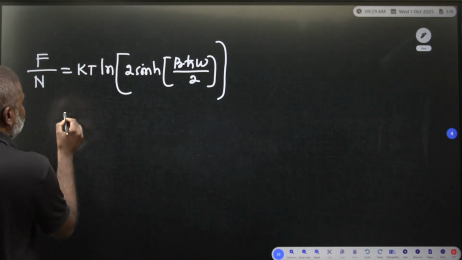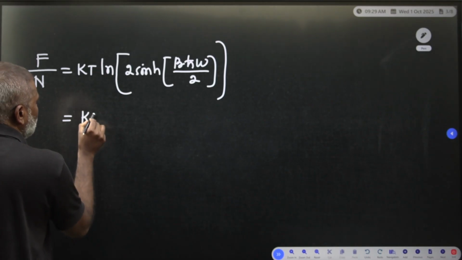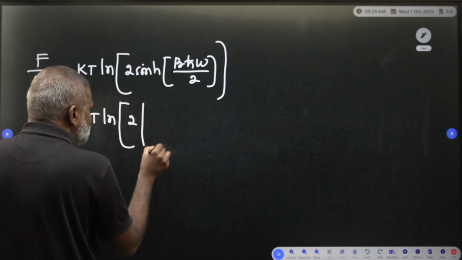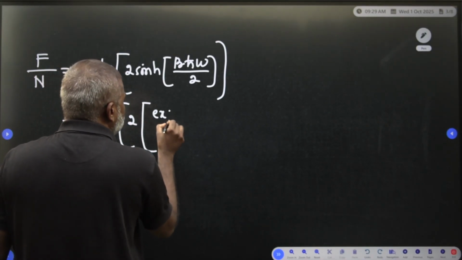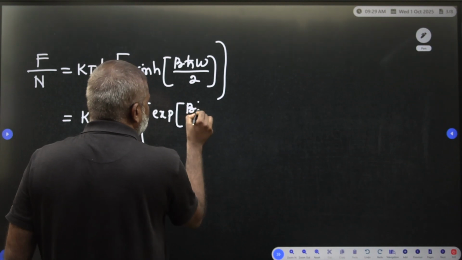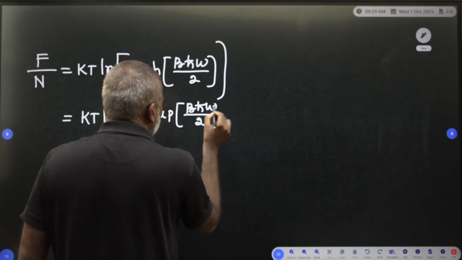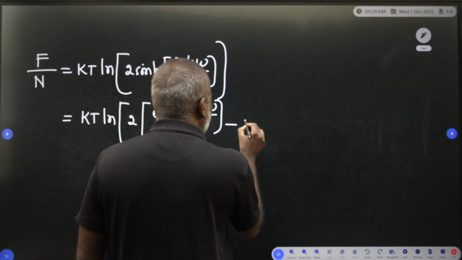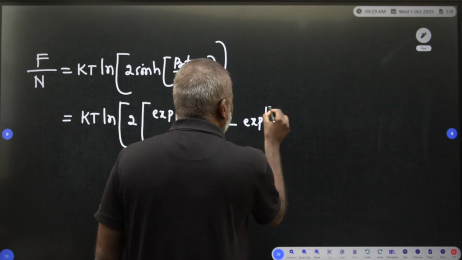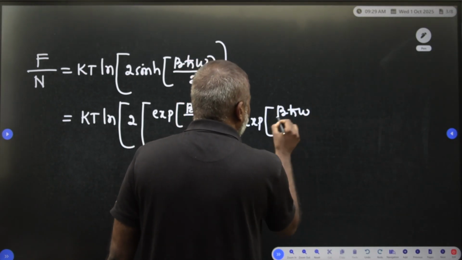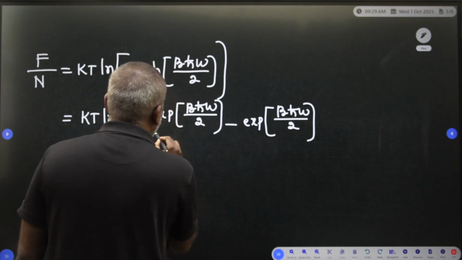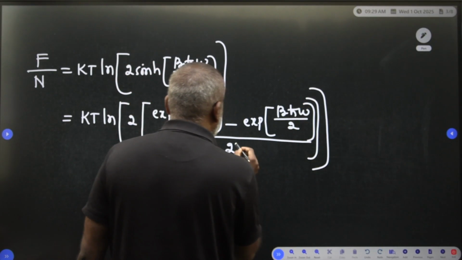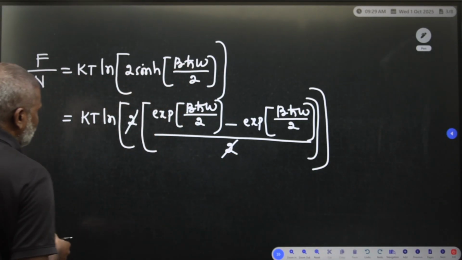Now you have to expand this hyperbolic function: kT ln 2 into sinh, expanded as exponential of beta h cut omega divided by 2 minus exponential of minus beta h cut omega divided by 2, all divided by 2. So the 2 and 1 by 2 get cancelled.